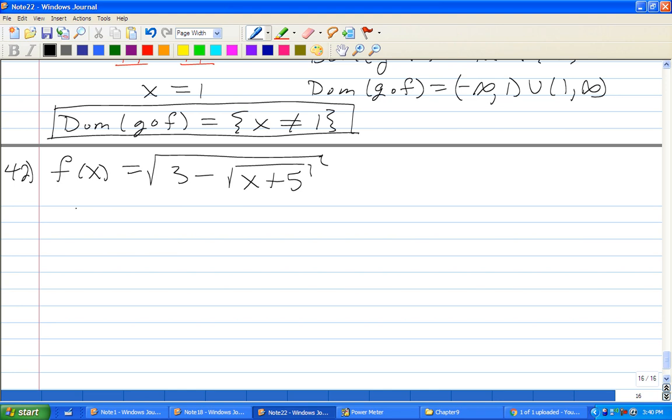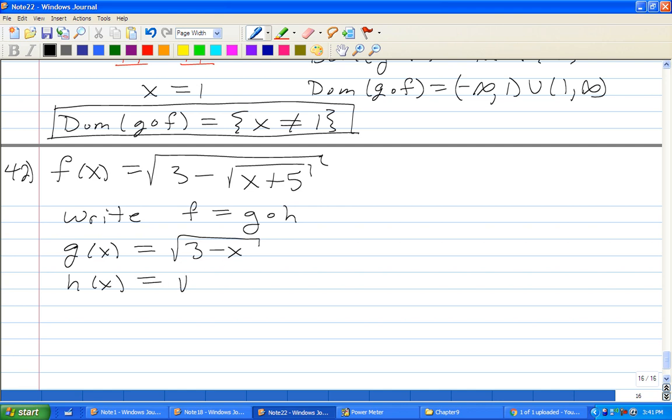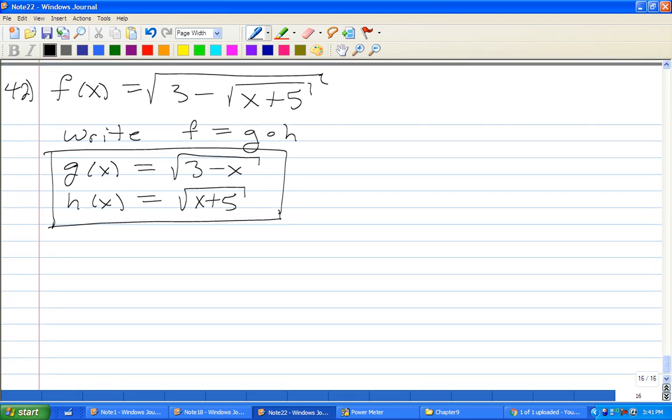So I want to write f as g composed with h. So let g of x equal radical 3 minus x, h of x equals radical x plus 5. And that gives me a way to write this complicated function as the composition of two simpler functions.